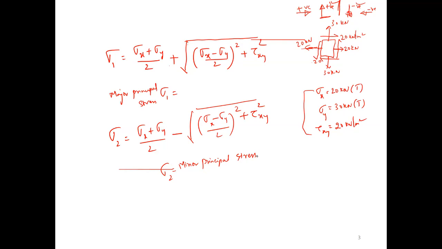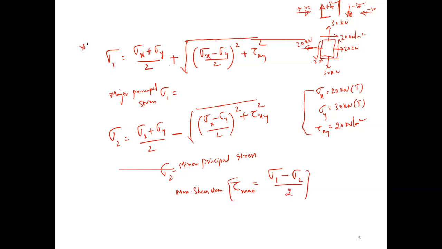These two stresses are very, very important. And one more thing, shear stress. You have to remember one small equation, the maximum shear stress: tau max equals sigma 1, whatever we get here, minus sigma 2, divided by 2.